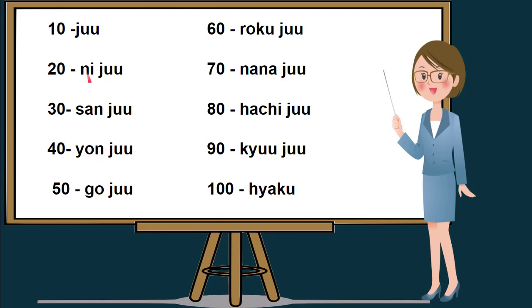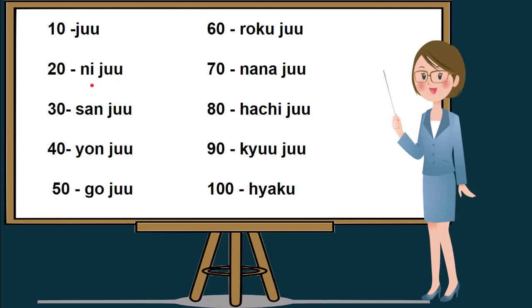Ju, ni ju, sanju, yonju, goju, rokuju, nanaju, hachiju, kyuuju, hyaku. One more time. This time, let's make it faster.